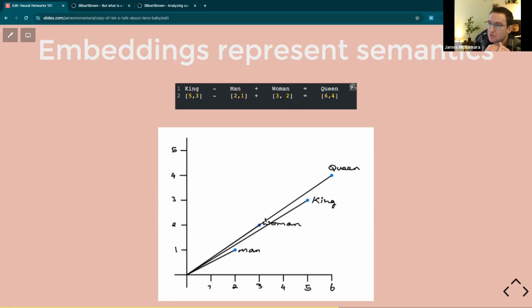So this was a huge breakthrough in very efficient ways to represent text inside of a network.